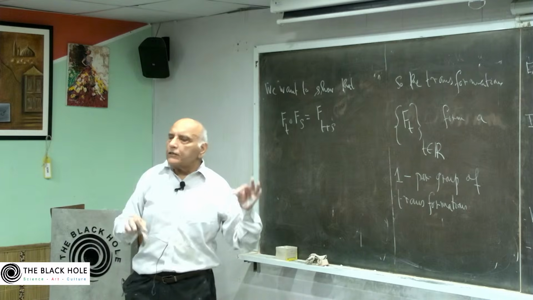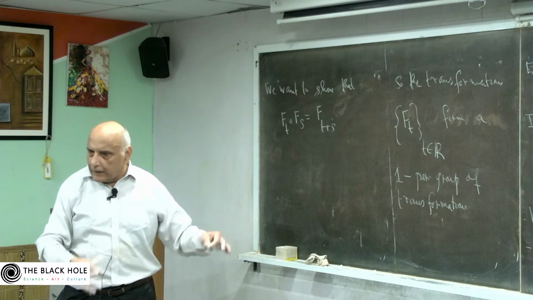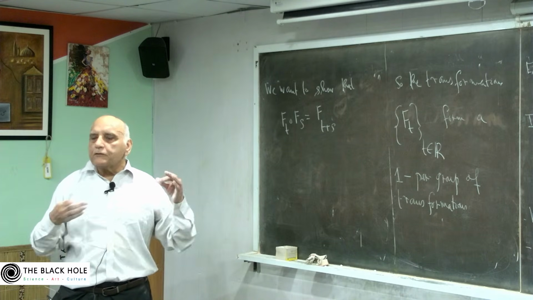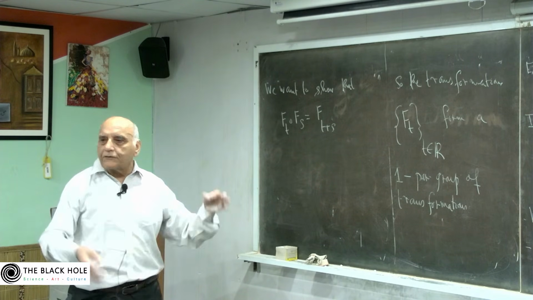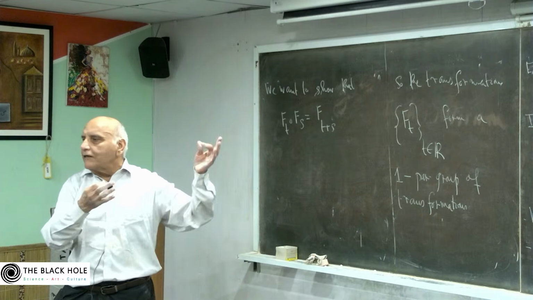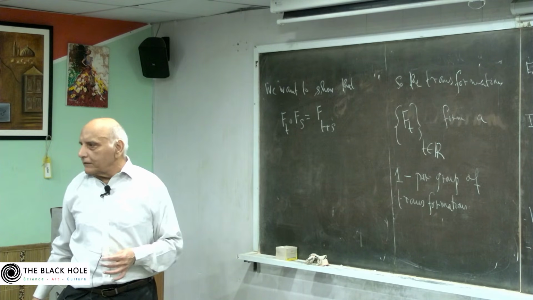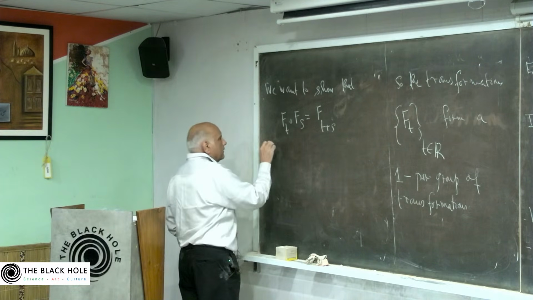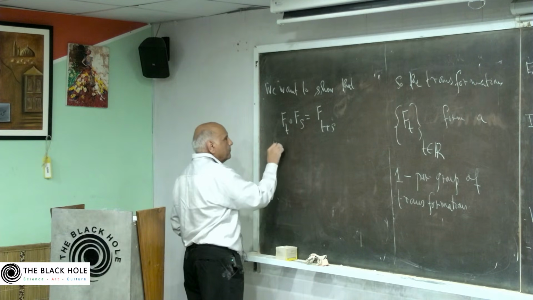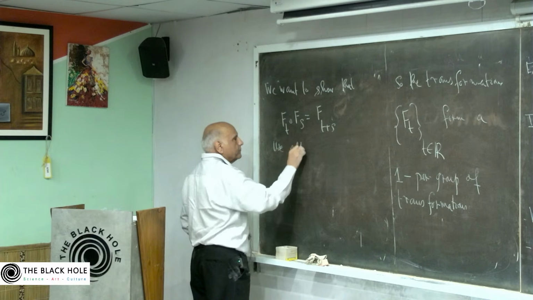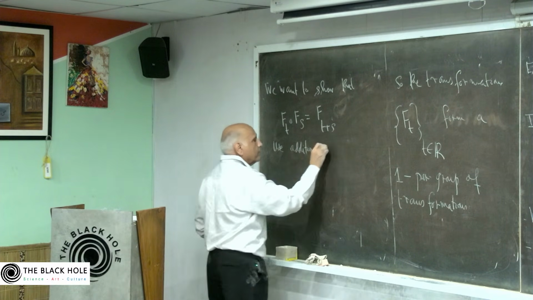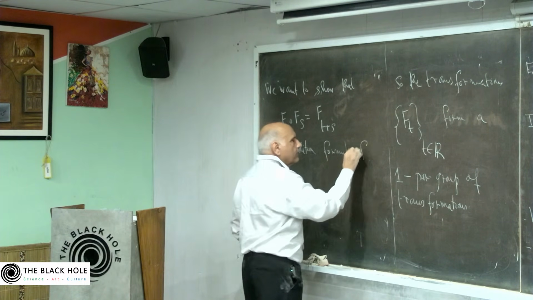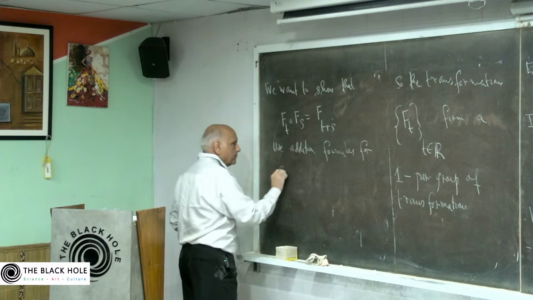You will see that this boils down to the addition formulas for sine and cosine. And if you know that e to the power of it is cos t plus i sin t, then it's almost trivial. So use addition formulas for sine and cosine.